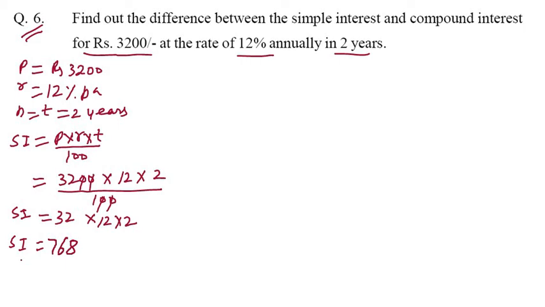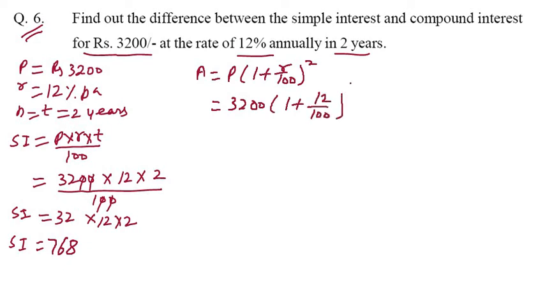So now compound interest, you can find the compound interest. How can we find compound interest? First of all, amount. Amount will be equal to P (1 plus R upon 100) whole power 2. Principal is 3200 and 1 plus rate of interest, that is 12 upon 100, whole power 2.